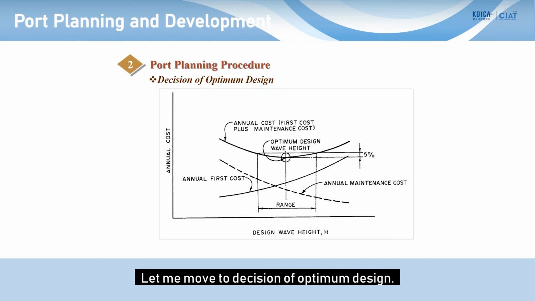Let me move to the decision of optimum design. Optimum design relies on various factors. However, this shows the engineering approach because we are using the design wave height here. Significant wave height is usually used for that. Most civil engineers recognize this term, but the management side or operation side are not familiar with it.